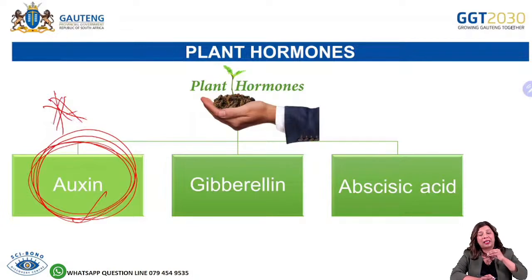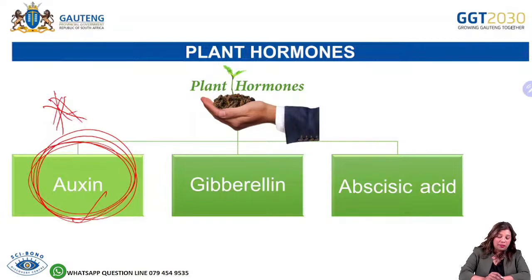So when I'm discussing auxins in the next slide, I want you to pay careful attention. I want you to make notes, because they won't just ask you the functions of auxins. They will ask you experiments. They'll ask you different aspects of auxins. So you need to understand the section carefully, and you'll be able to once we're done.